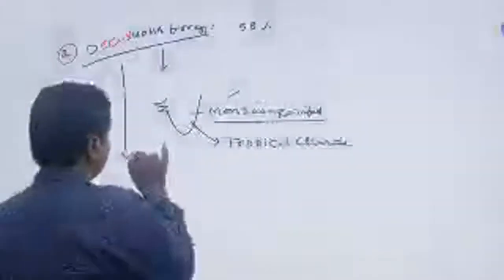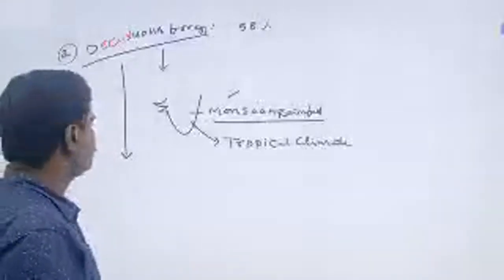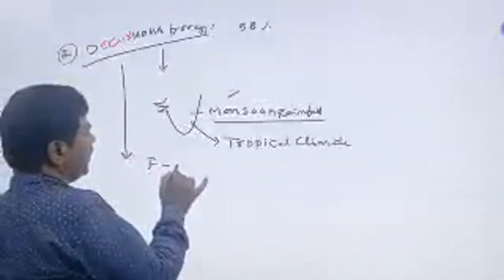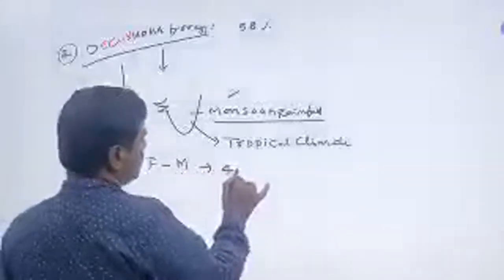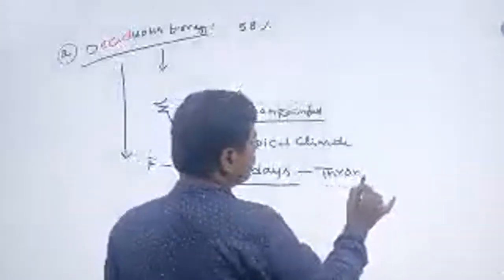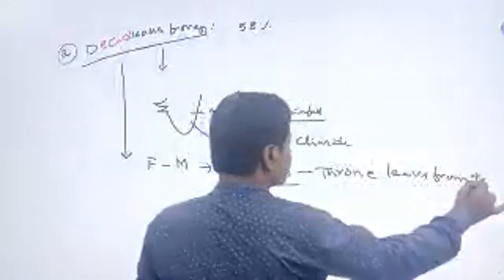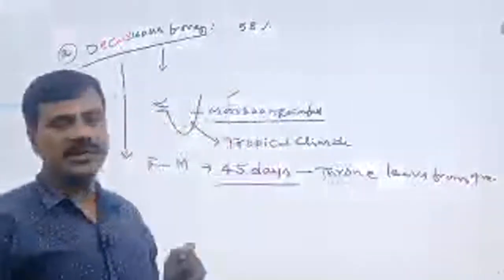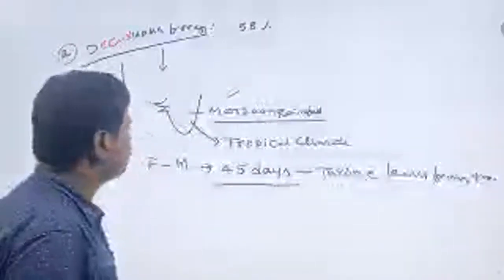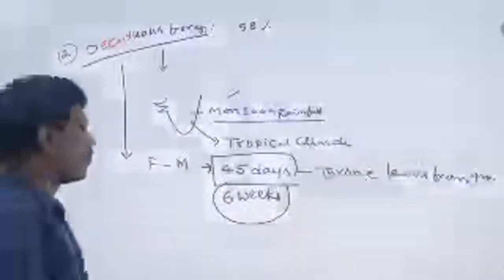Deciduous means this forest area throws out the leaves from the trees. In February, March, in about 45 days, up to 6 weeks, the forest throws out the leaves.